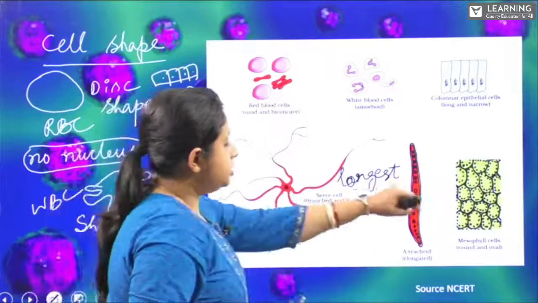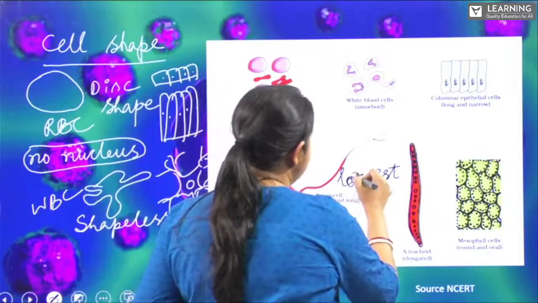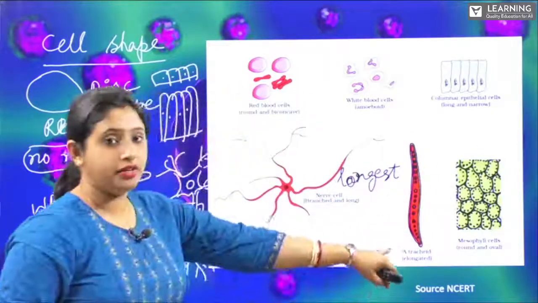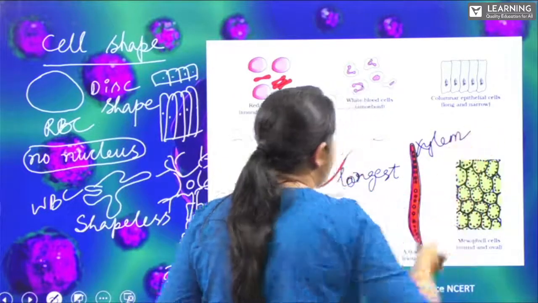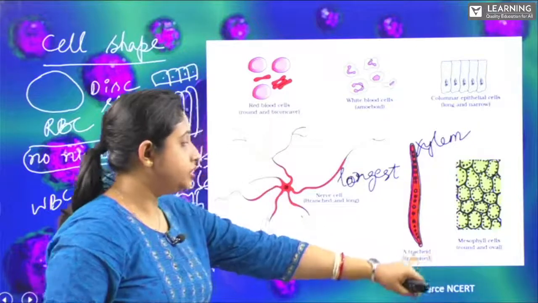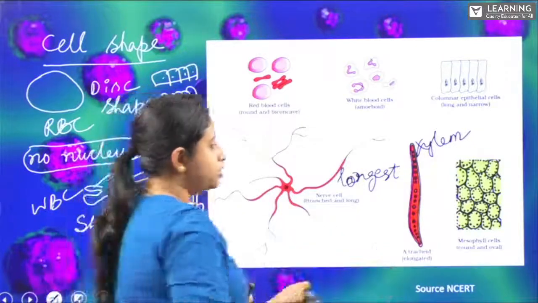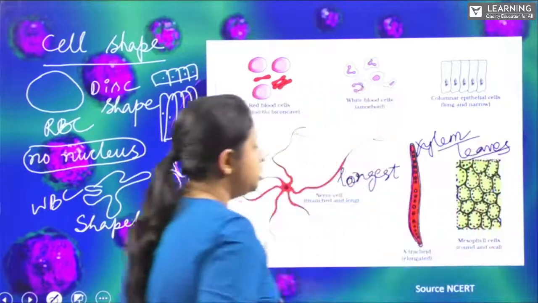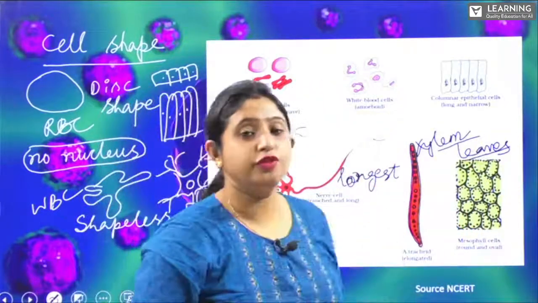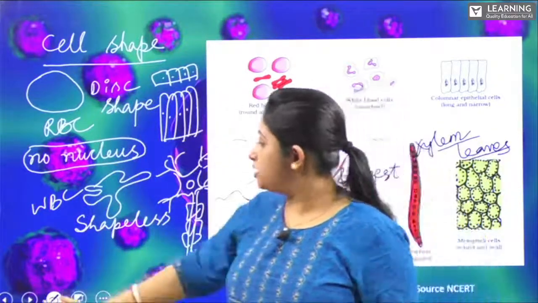Next, this is the plant cell, the trachea, which we find in case of the xylem. And this is the mesophyll cell, which we find in the leaves. So these are the various types of animal and plant cells.